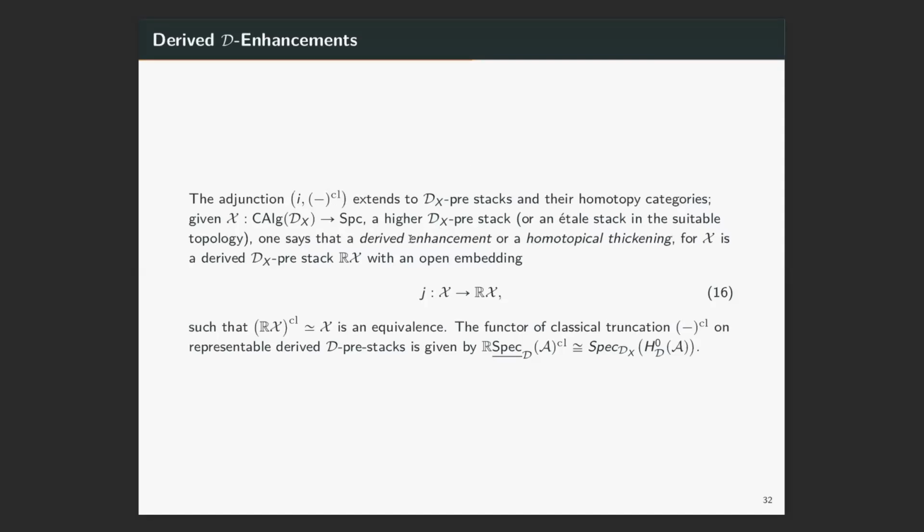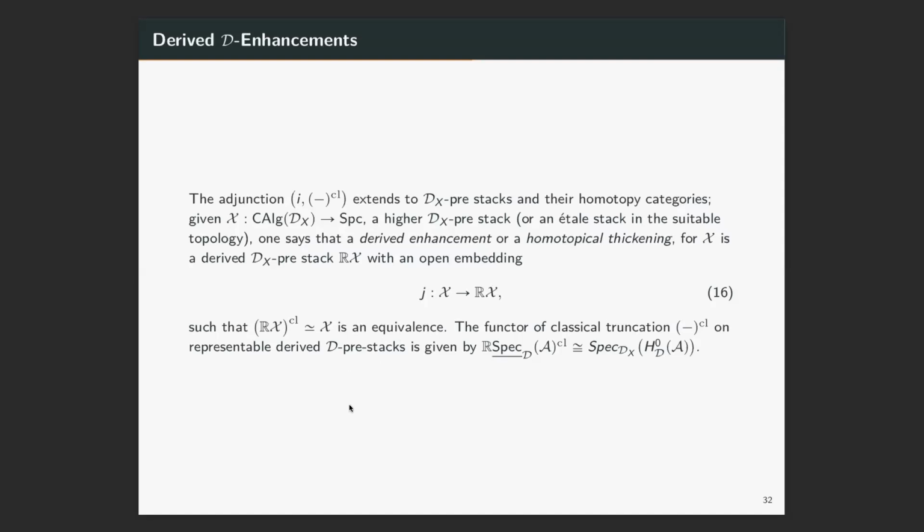So a derived enhancement always means you start with some object. There's a DG version that you can get from it, so there's some way you can enrich it. And it has the property that if you take classical truncations of your DG object, you get the original back. That's why it's an enhancement of the original one.